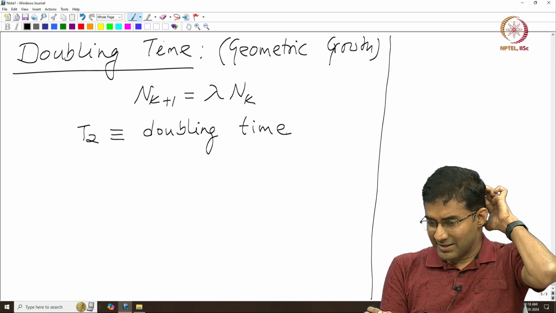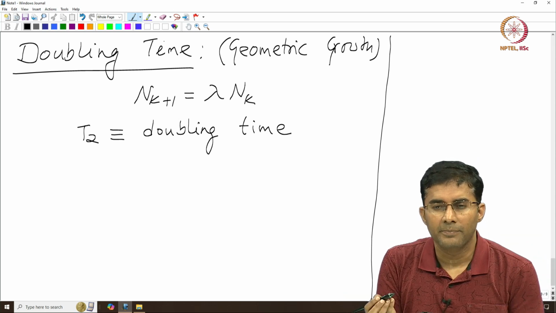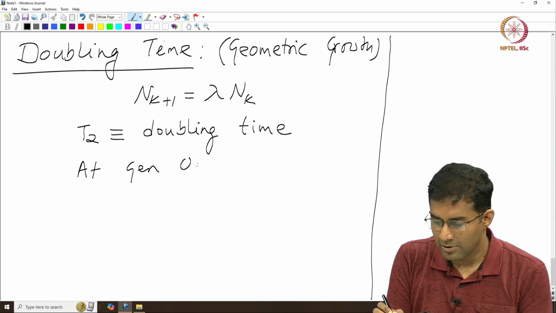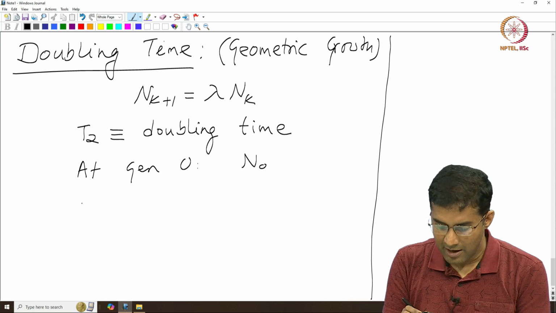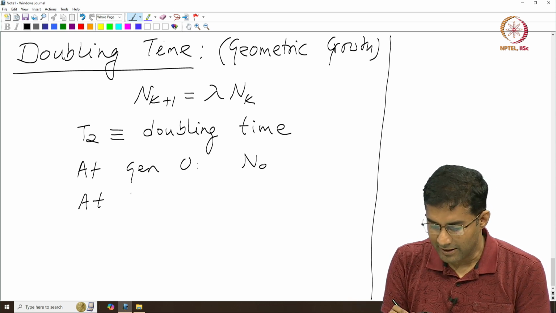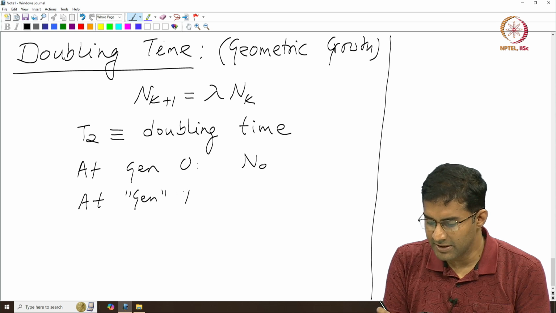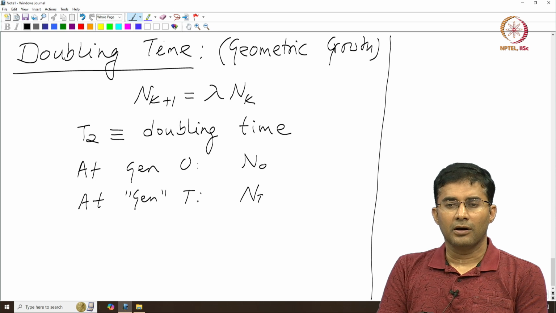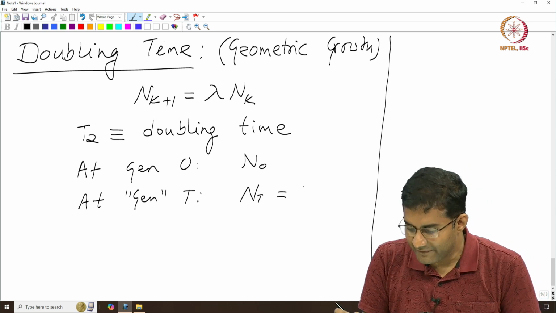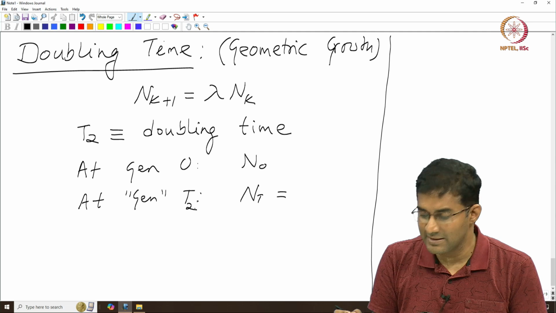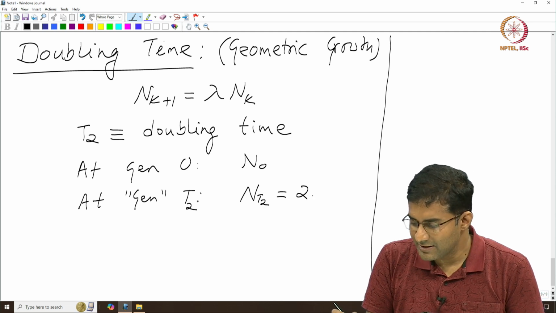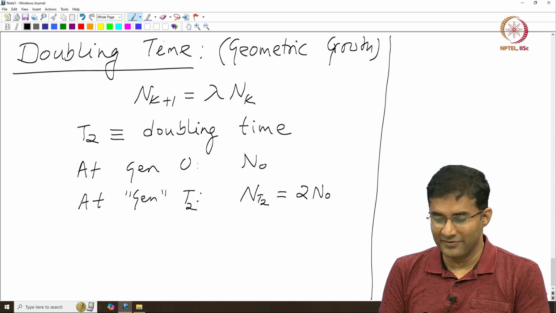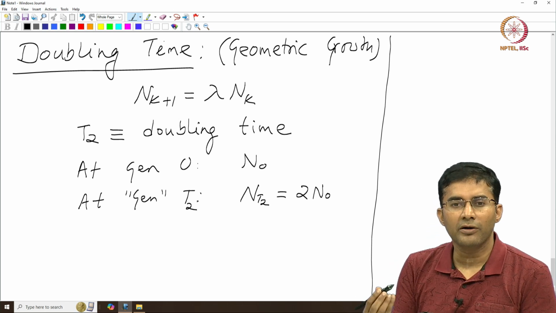At generation 0 we have n0 individuals, and at generation t we now have nt individuals. Because we are interested in the doubling time, let us say this corresponds to doubling of the initial population size, so nt is equal to 2n0. So the question is, how long does it take?